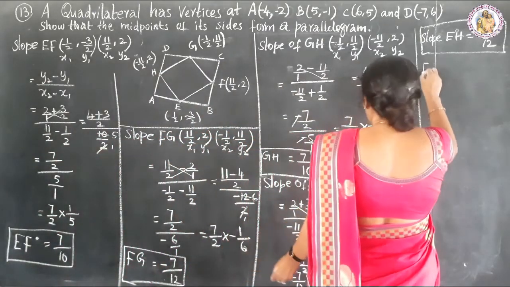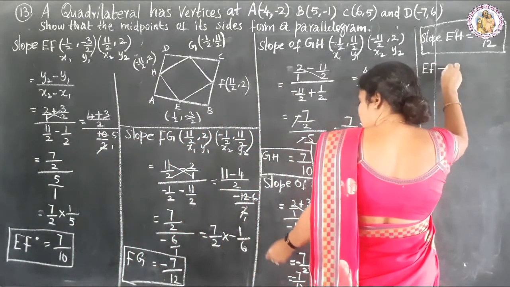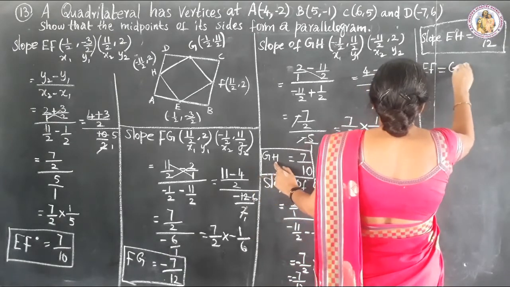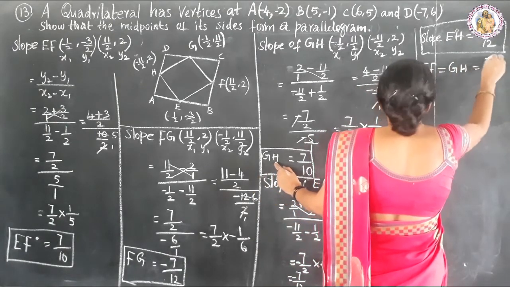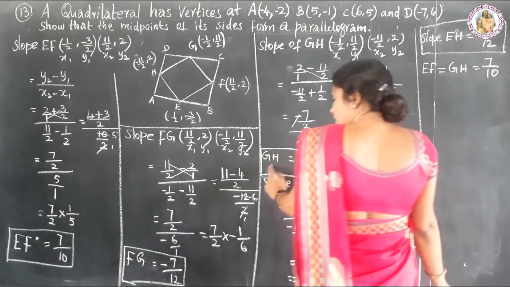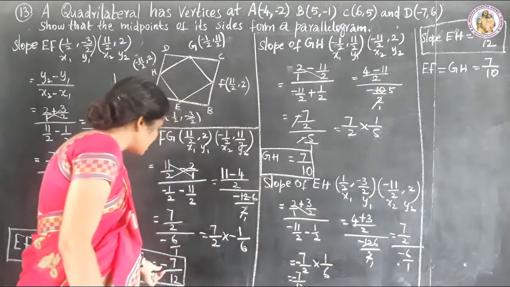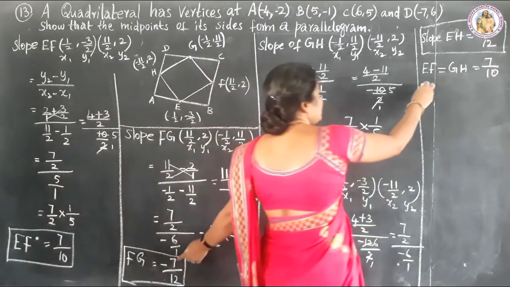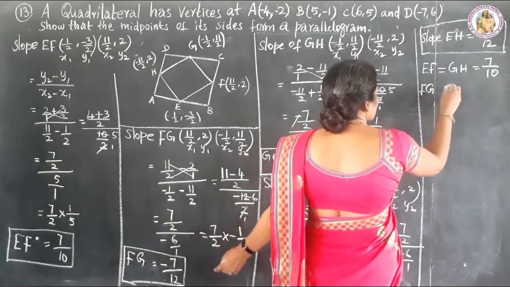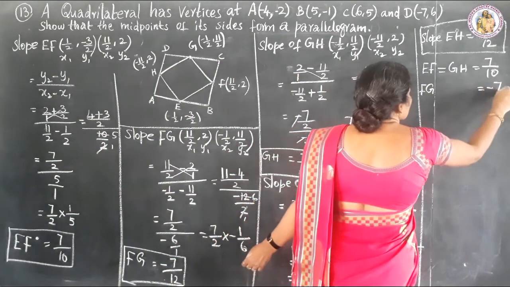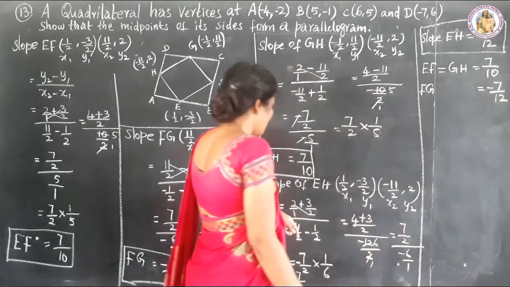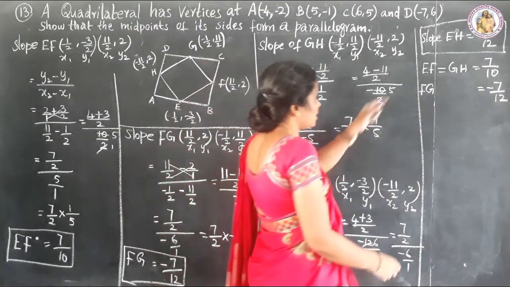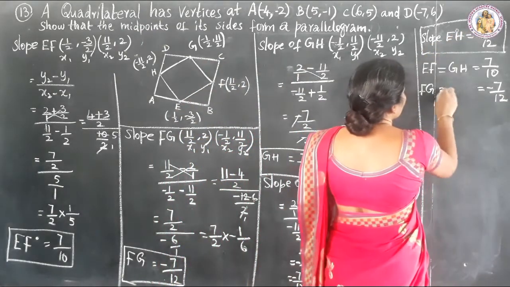So we write EF is parallel to GH, with slope 7 by 10, and then FG has slope minus 7 by 12, and here slope of EH is minus 7 by 12.